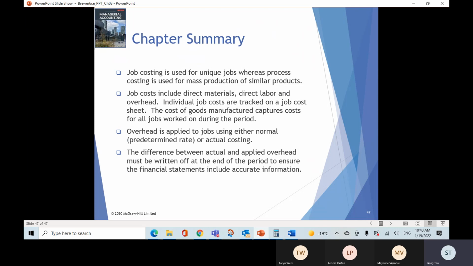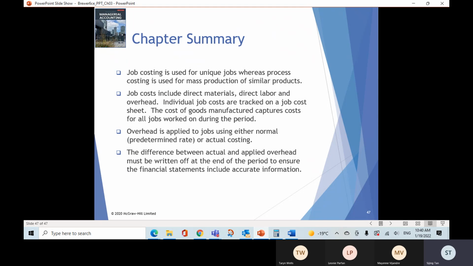Legal forms and similar inputs represent direct materials. The time expended by attorneys represents direct labor. The cost of secretaries, clerks, rent, depreciation, and so forth represent the overhead. So it is very similar to manufacturing, just a different subject.